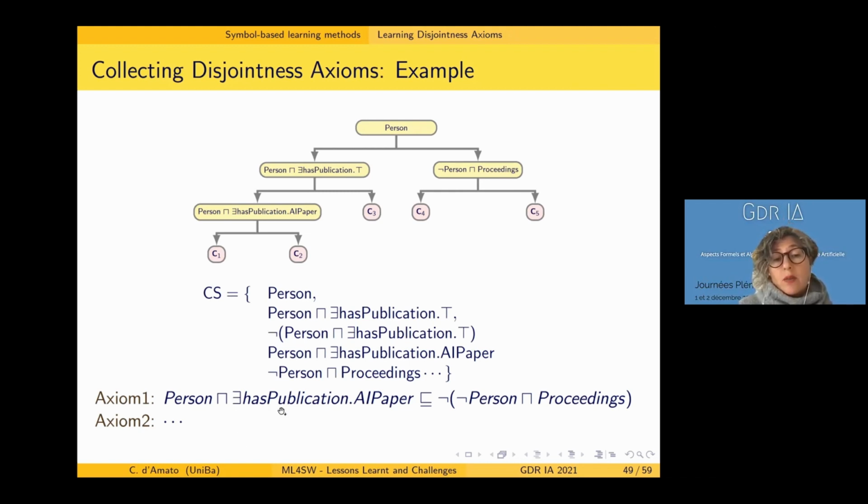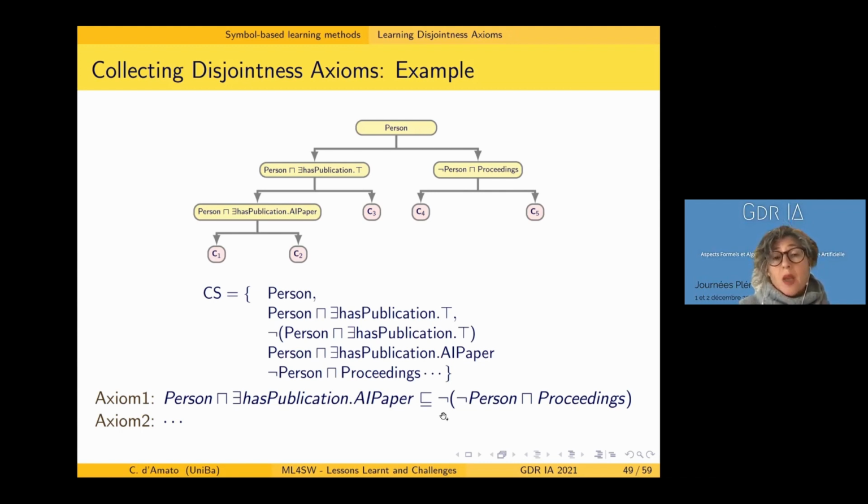Let's say one concept is person and as publication and AI paper, which is this one, and the other one is this one, not person and proceedings. It is quite straightforward to see that these two concepts are neither equivalent nor does one subsume the other or vice versa. So, assuming that this disjointness axiom has not been already generated, we may generate the disjointness axiom between these two concept descriptions.